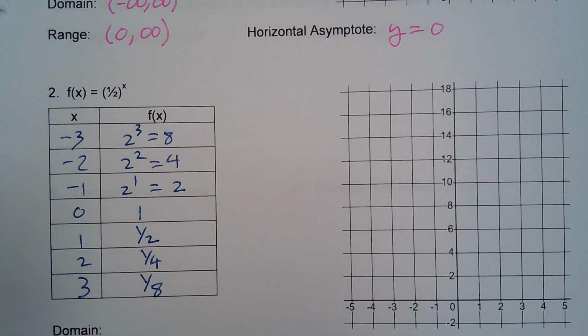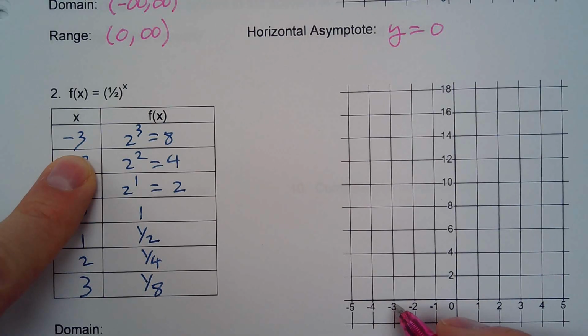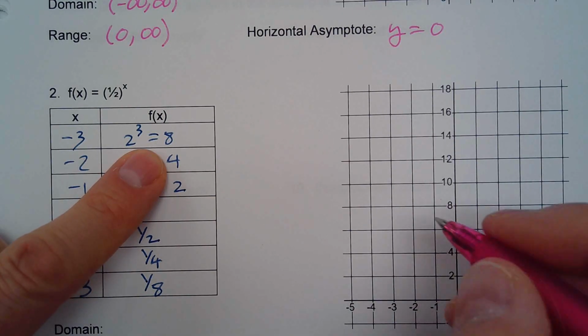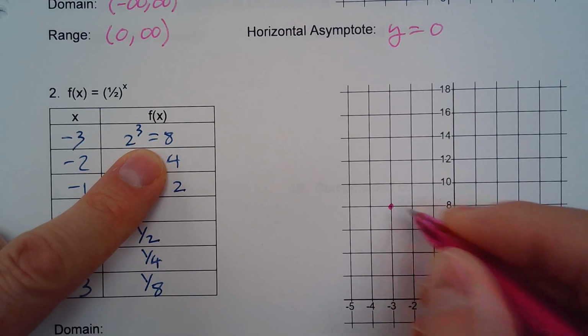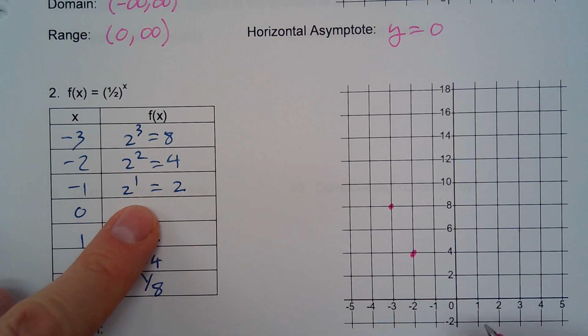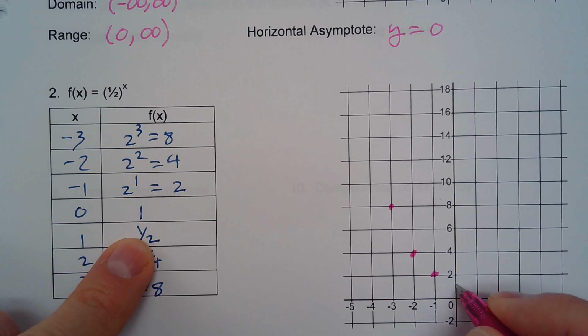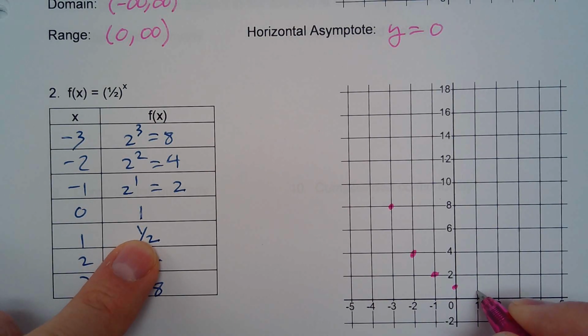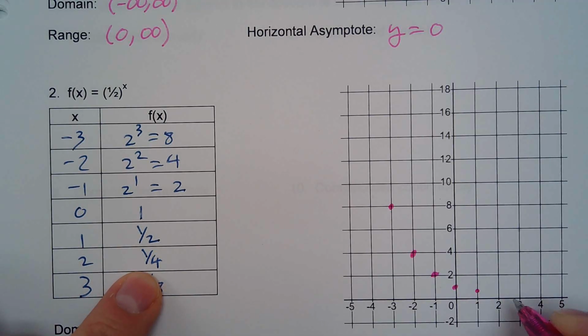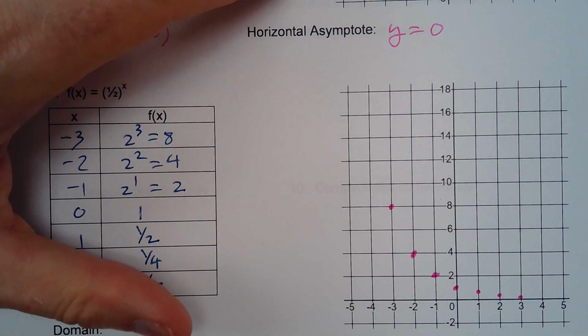So make sure I don't erase with the pink. Okay, so -3 is 8. So that's up here. -2 is 4. -1 is 2. 0, 1. 1, 1/2. 2, 1/4. 3 is 1/8.